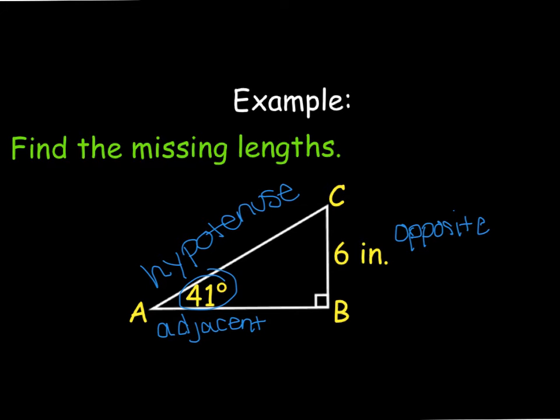So I'm going to go ahead and write my mnemonic device up here above where it says example. Remember SOH CAH TOA, she's our best friend.